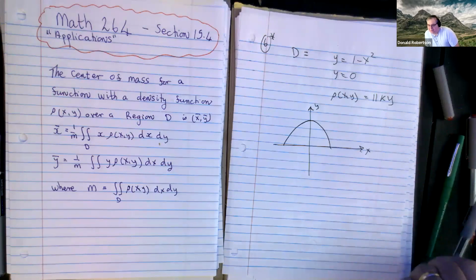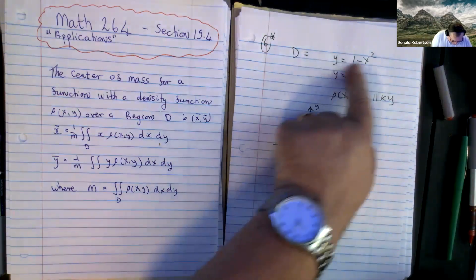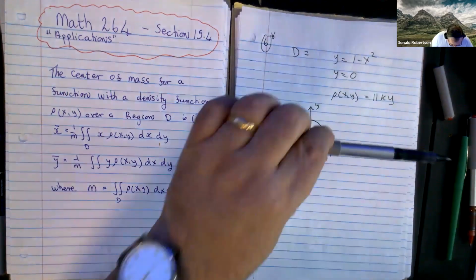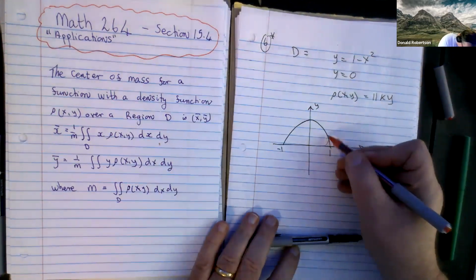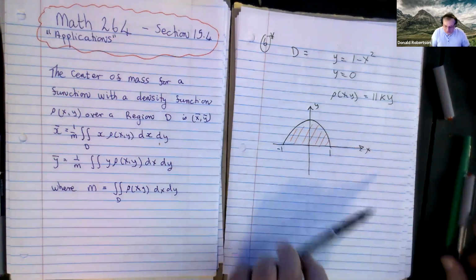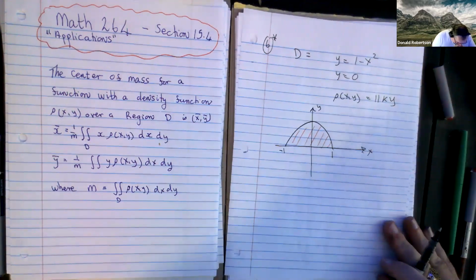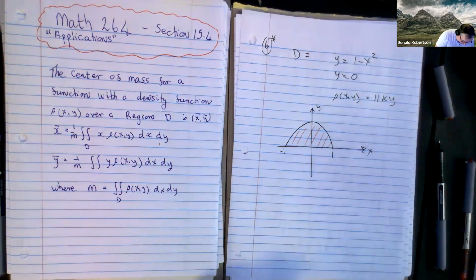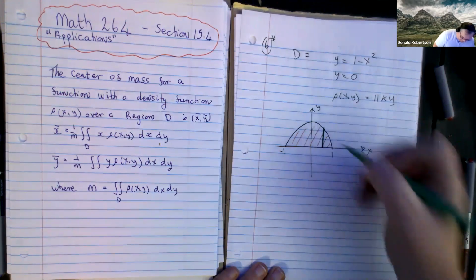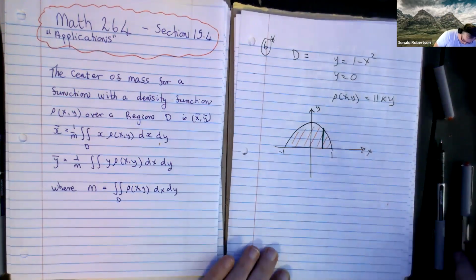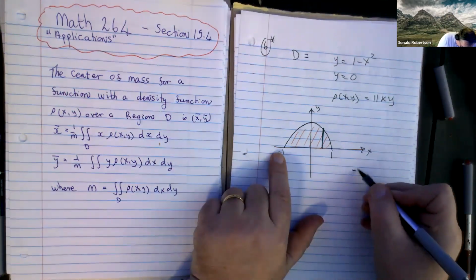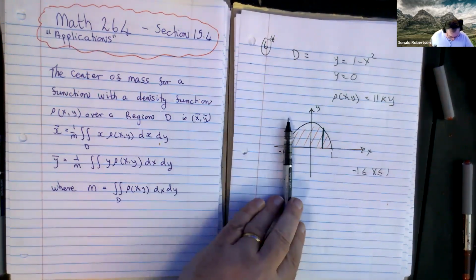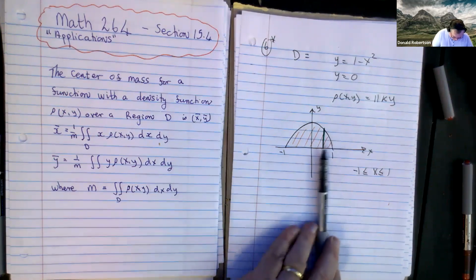Nobody. Yeah, okay. 1 minus x squared looks like this guy. When you tell me y equals 0, that's the x-axis. So actually the region is pretty straightforward. It's just that bit. The limits of integration: I think this is a pretty obvious candidate for going vertical, which means that the x's will range from -1 as you scan to the end +1.